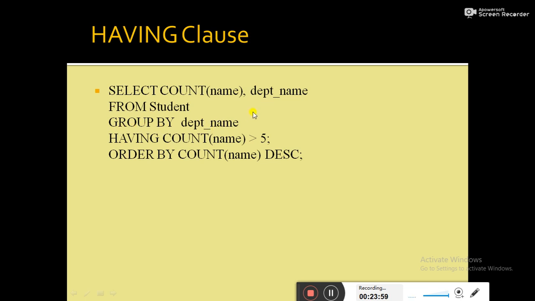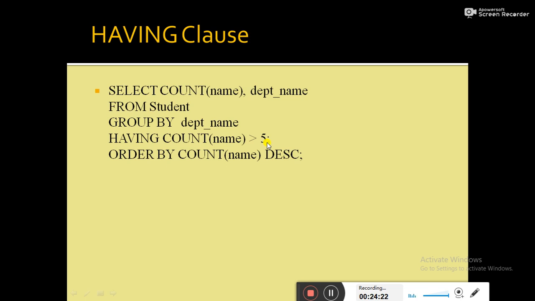After forming the groups, we have 3 groups, for example CSE, IT, ECE. Out of these 3 groups, we have to select only those groups which have the number of students greater than 5. So how do we impose that condition? With the help of the having clause, count name greater than 5. That means in that case only CSE and IT will be selected.